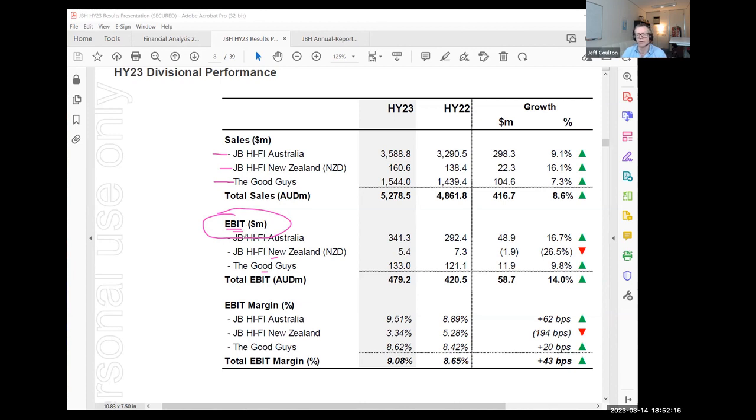And it's why, if you go and have a look at the remuneration, you will see that they're rewarded on a before interest and before tax measure. The reason is that these divisional managers or the divisional MDs don't set the borrowing policy, they don't set the tax policy for the overall JB Hi-Fi group. So that's not relevant to their performance.